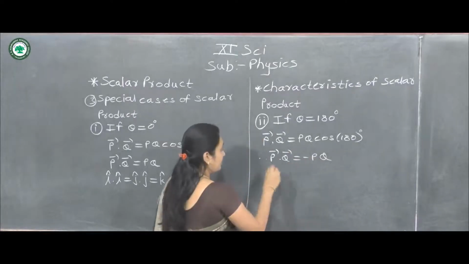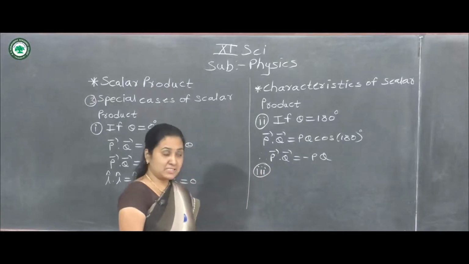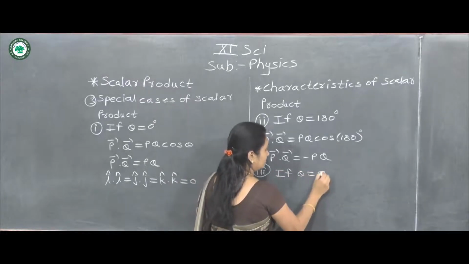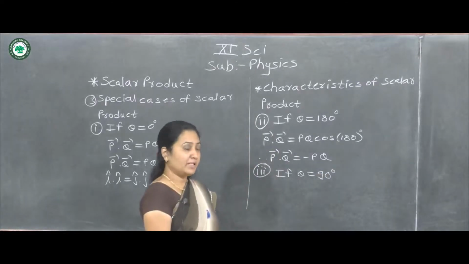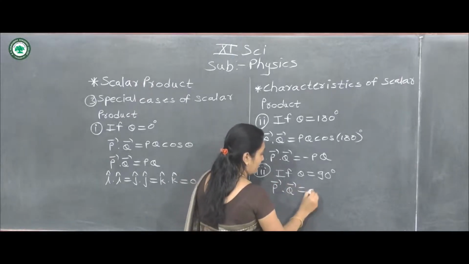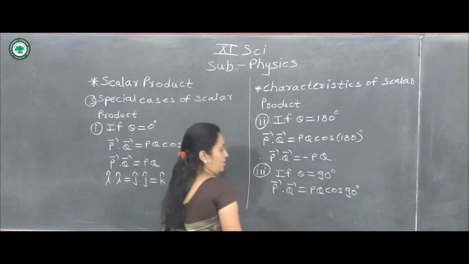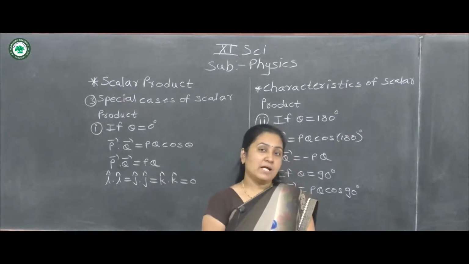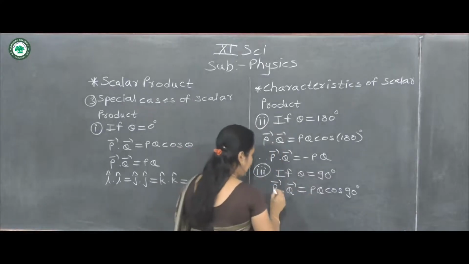Now similarly, the third special case is when theta is equal to 90 degree. Then p bar dot q bar is equal to pq cos 90, and cos 90 degree is nothing but 0, which is equal to 0.